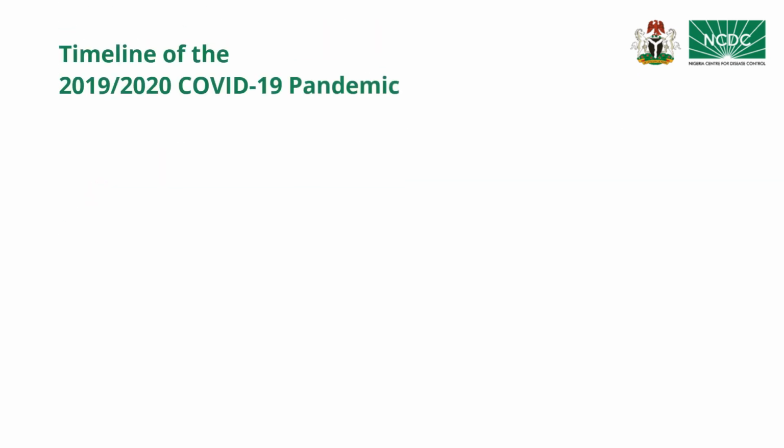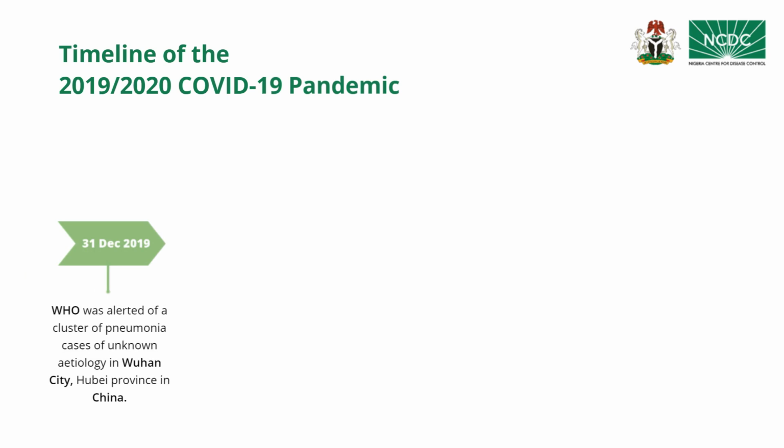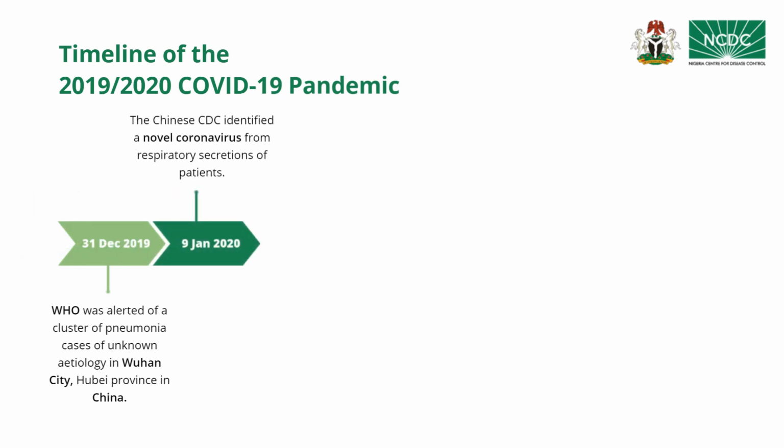Timeline of the 2019-2020 COVID-19 pandemic. On the 31st of December 2019, WHO was alerted of a cluster of pneumonia cases of unknown etiology in Wuhan City, Hubei Province in China. On the 9th of January 2020, the Chinese CDC identified a novel coronavirus from respiratory secretions of patients.